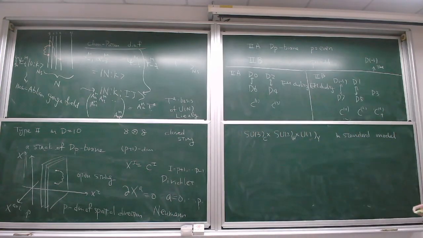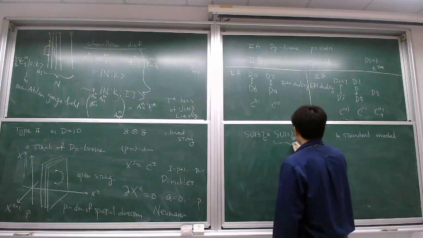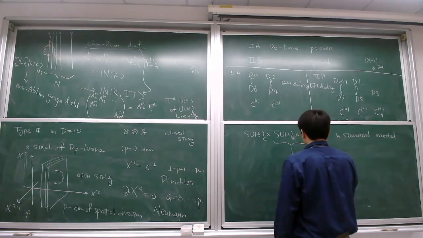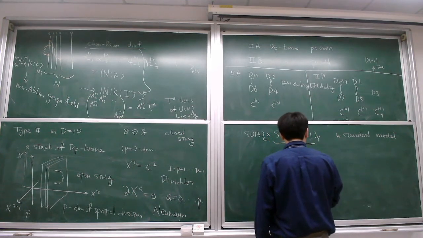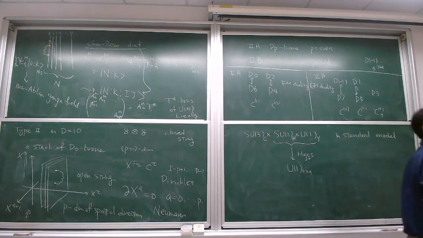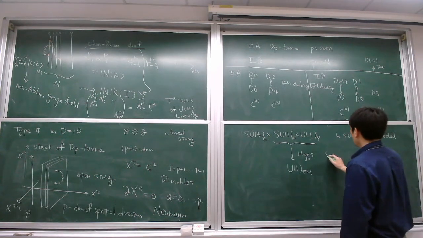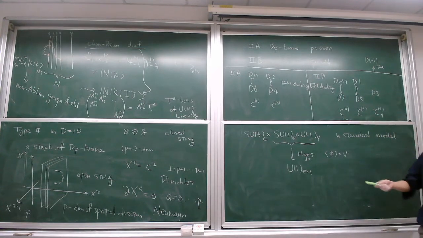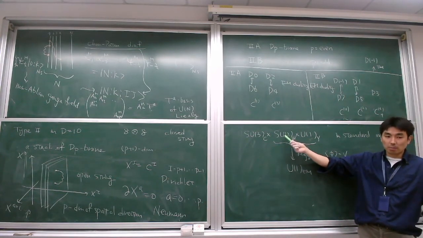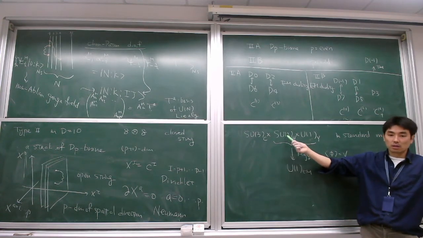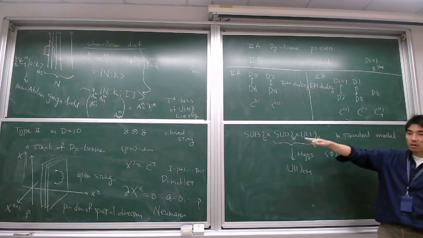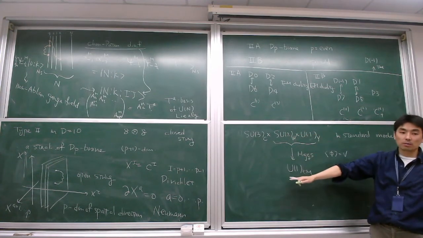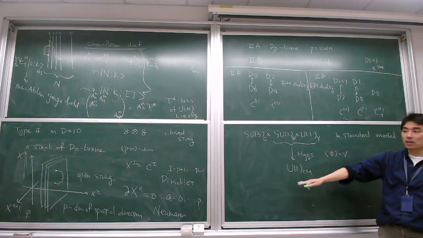But from here we already knew there is a Higgs mechanism that breaks SU(2) times U(1) down to the U(1) of electromagnetism. Once the Higgs field gets a vev, the W boson and Z boson become massive. If you go to a low energy scale, lower than the mass of the W and Z bosons, you have only the U(1) electromagnetic gauge field.